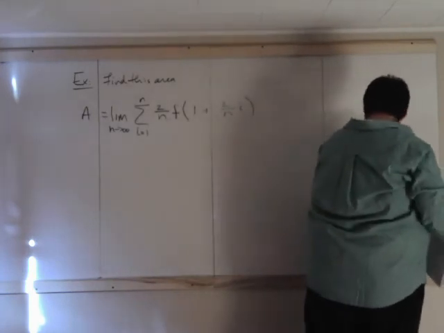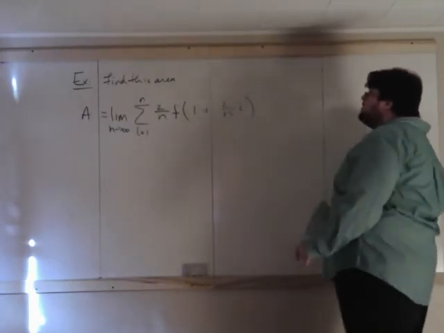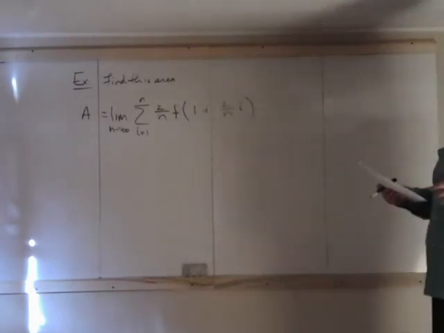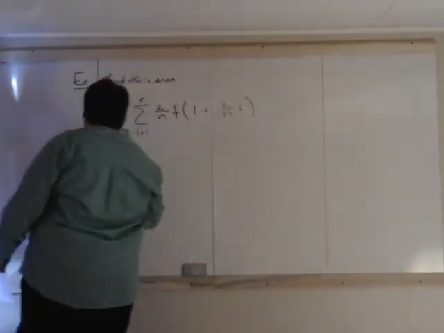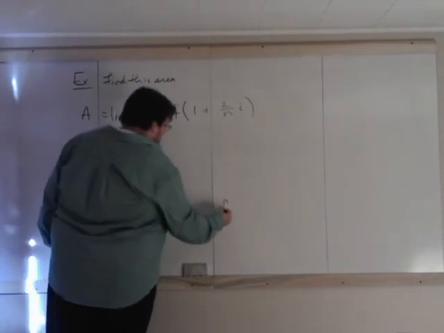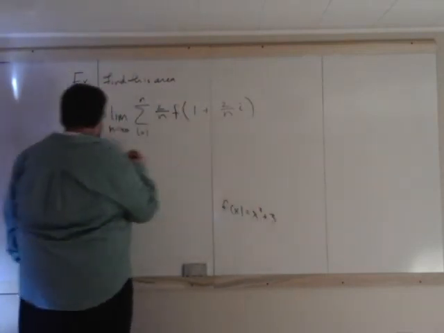Now, how can we solve this limit? This limit looks pretty complicated. Well, there are a couple rules we're going to use in a moment. But let's simplify it a little, because we know what f of x is. f of x is x squared plus 3.